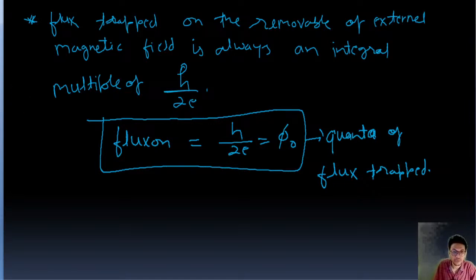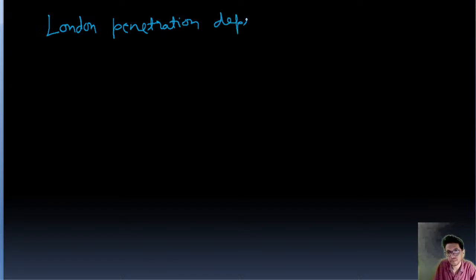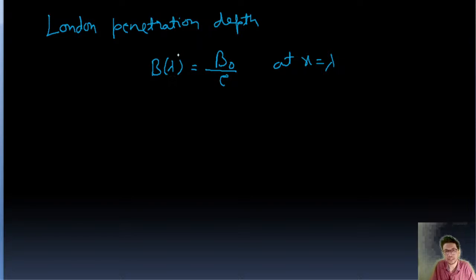Now we know, guys, that I have already explained London penetration depth in my previous lecture. We know that B lambda is B naught upon e, at x equal to lambda, and that lambda is called the London penetration depth.